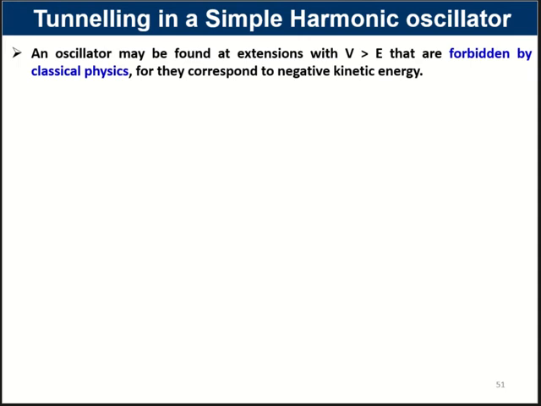As it moves away from the mean position, the kinetic energy goes on decreasing, and at a point it becomes zero. Beyond that, that is the point from where it starts returning back, and so we do not expect the hydrogen atom to be found beyond that point. So after a certain displacement, it should not be found classically.